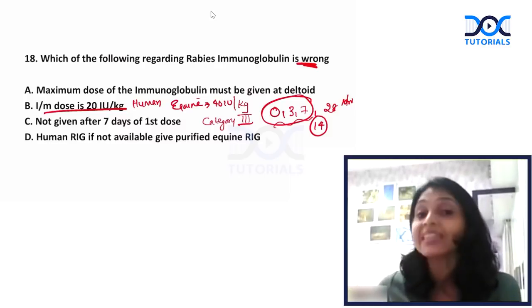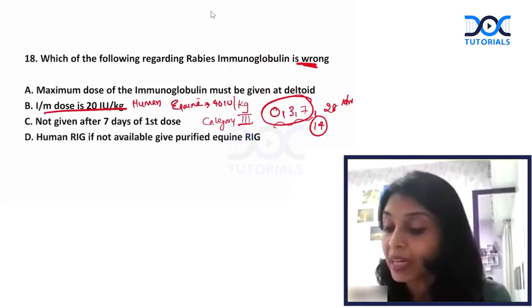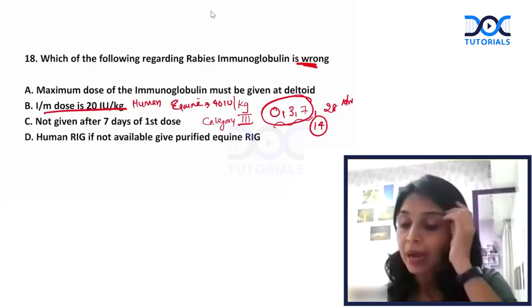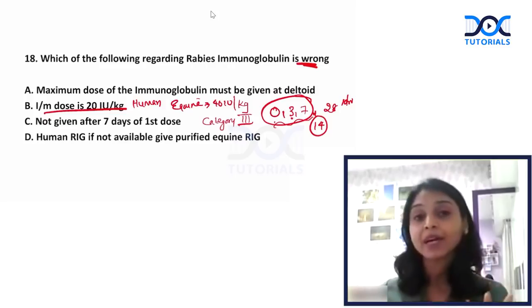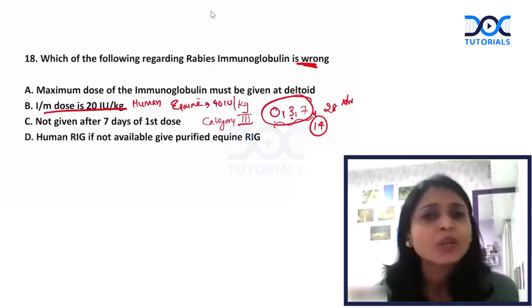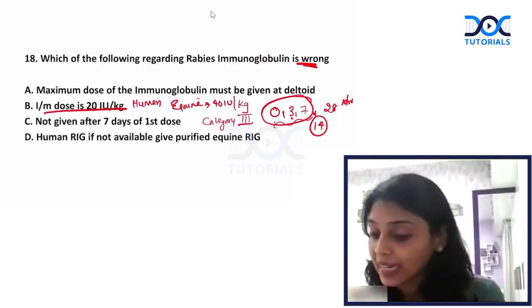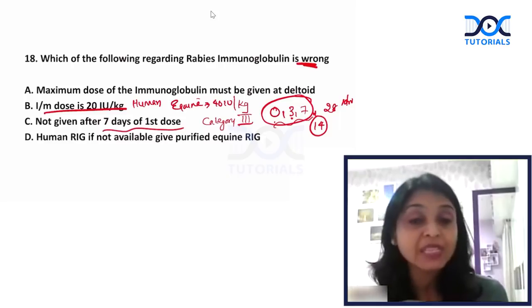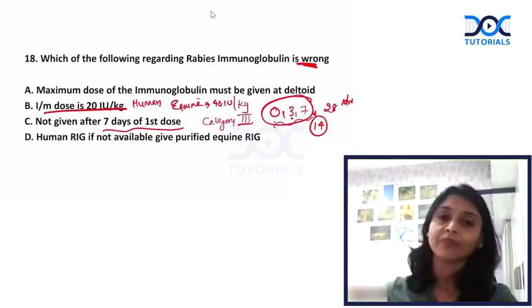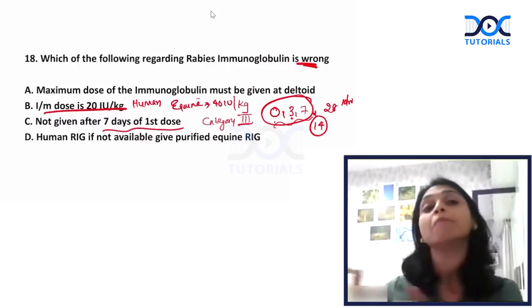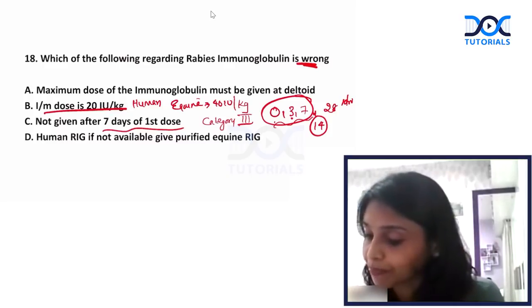So you are giving double protection. But by the time you give 0, 3, 7, the patient would have developed all the active immunity. Then is there any role for passive? No. So a person who has already taken the first 3 doses, active will be very much active. Then you don't have to give immunoglobulin beyond that. Hope I am clear. That is why this is also correct.